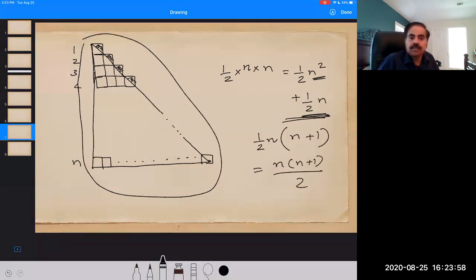So you can look at it geometrically and come up with a proof which tells you the same thing through a different reasoning. So there are many ways to prove things, and my goal is just to show you how some of these proofs work, to introduce the topic of proofs.